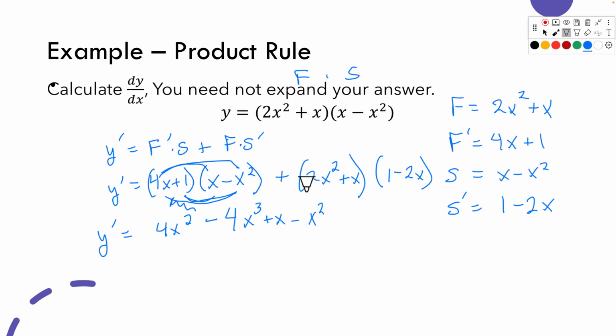And then the second part here, let me change colors. I think that helps me. 2x squared, so I got this plus here. 2x squared minus 4x to the third plus x minus 2x squared.